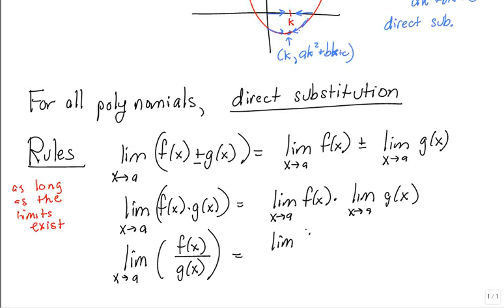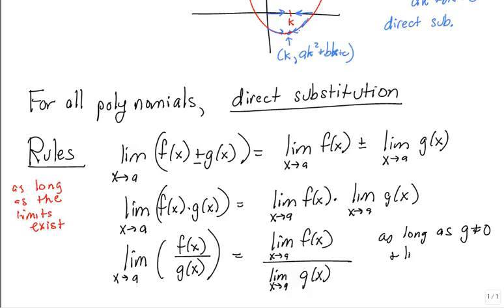This says I can take the limit of the numerator and the limit of the denominator separately, as long as the limit of g of x does not equal 0 as x approaches a. So you don't have 0 in your denominator.